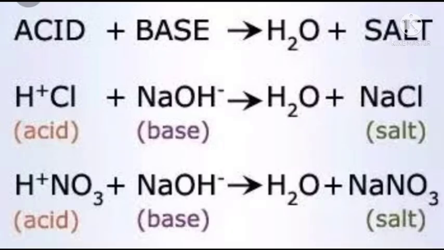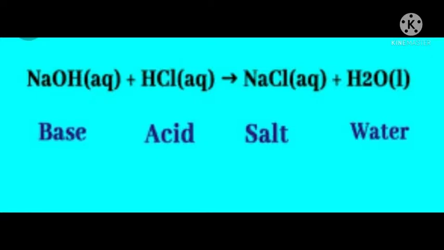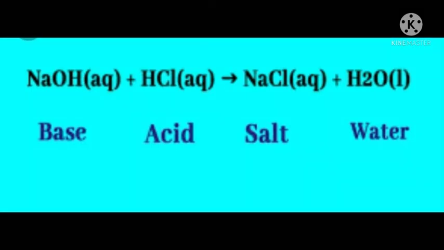Like that, when HNO3 reacts with NaOH, we get the salt NaNO3, that is sodium nitrate, and water. So when any acid reacts with a base, we get salt and water, and that reaction is known as a neutralization reaction.